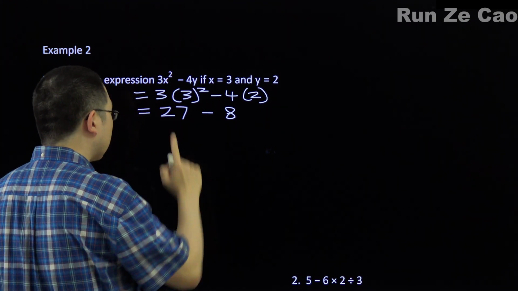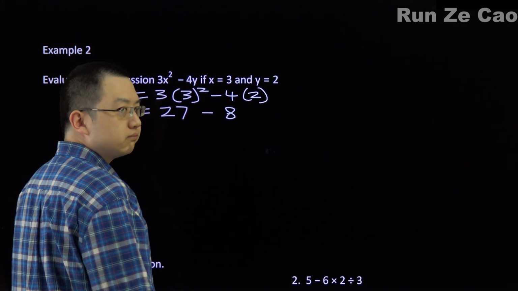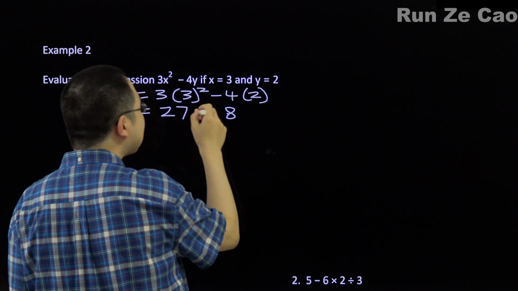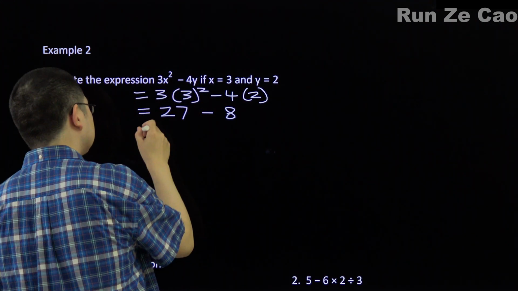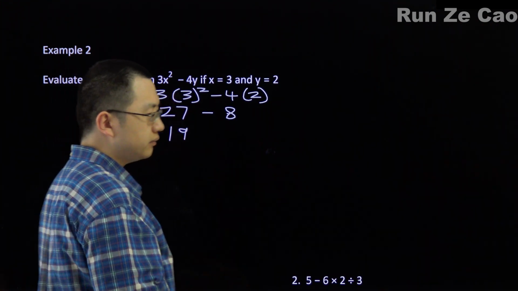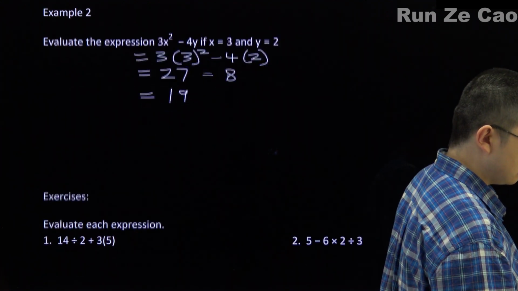Of course, if you're being told to strictly follow order of operations, yeah, okay, you'll want to add a step that goes 3 times 9 minus 4 times 2 in between. So yeah, when you subtract this, it's 19.